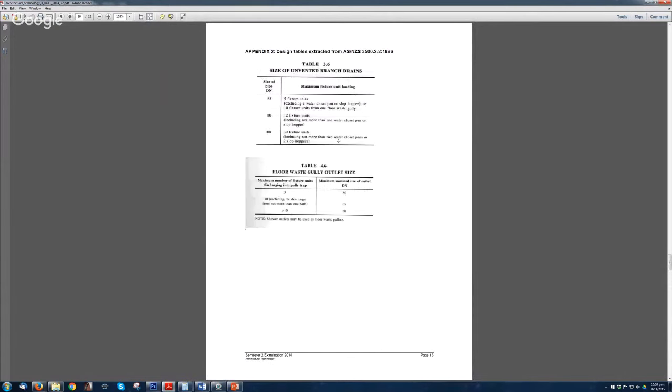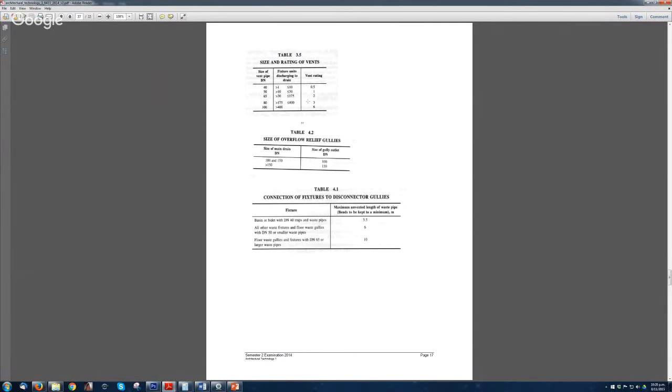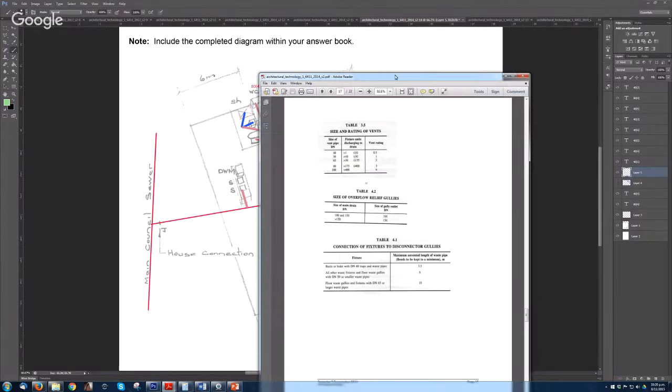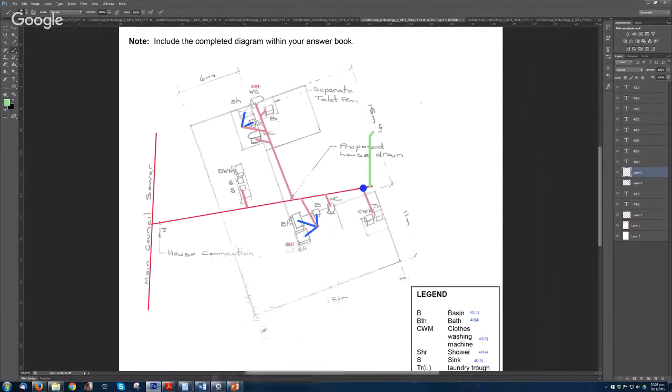Size of unvented branch drain. No, that's not this. This one. Size of rating of vents. So just to be sure, for the main one, you always take 65. That can take 30 to 175 fixtures. So this one's going to be 65.